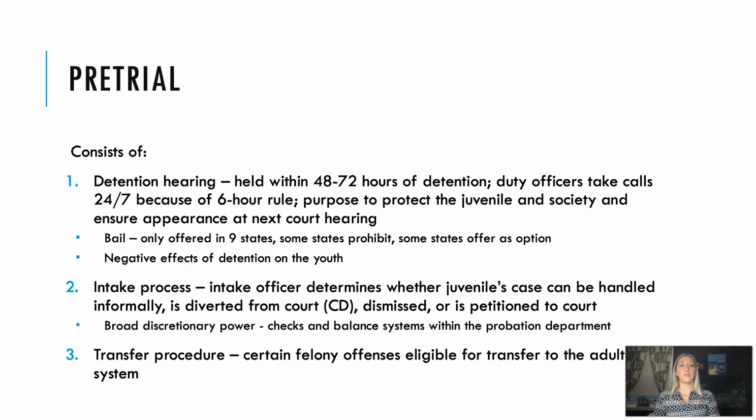So, probation officers, we'll call them duty officers in this capacity, will take calls 24/7 because there's a 6-hour rule. At least in Pennsylvania, we have a 6-hour rule where it says that once an officer charges a youth with a crime, once they arrest them, they have 6 hours to either release that youth home to their parents or to detain them in a facility.